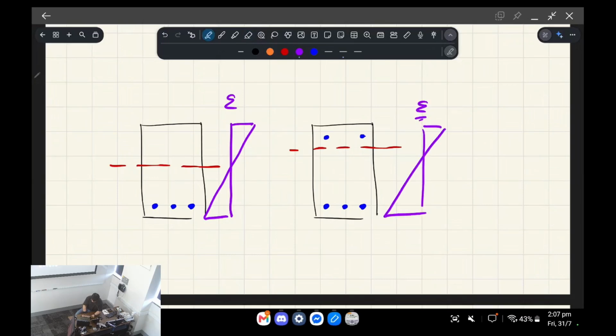If you have your neutral axis further away, the tensile reinforcement basically contributes more force. So you have to visualize this part being drawn in terms of force.